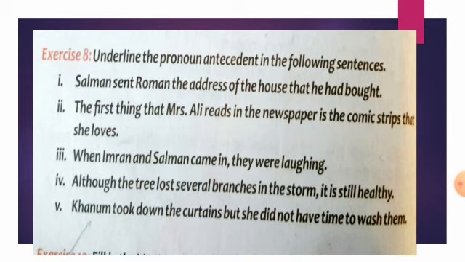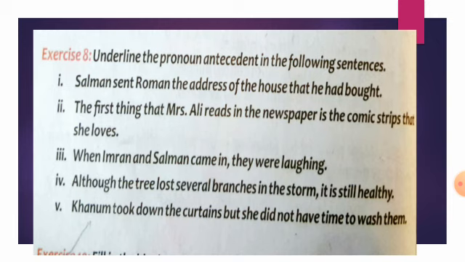When Imran and Salman came in, they were laughing. Who were laughing? Salman and Imran. So they is used for Imran and Salman, and Imran and Salman are the antecedent.